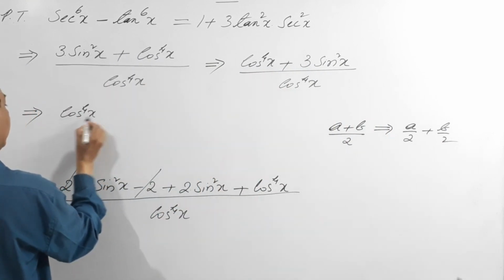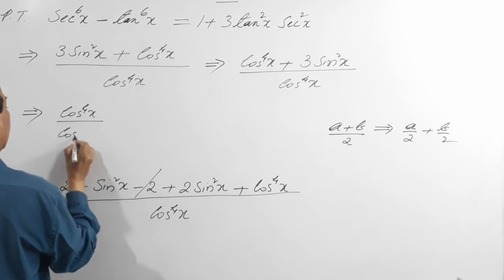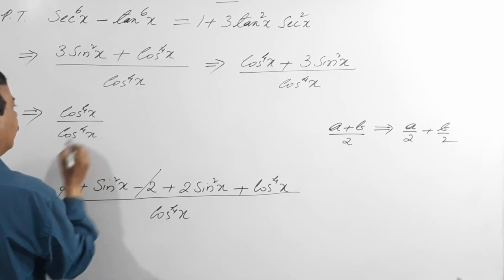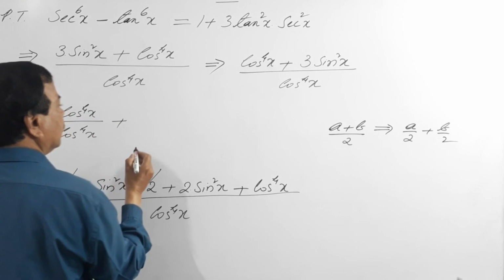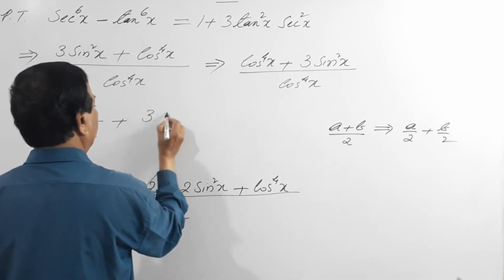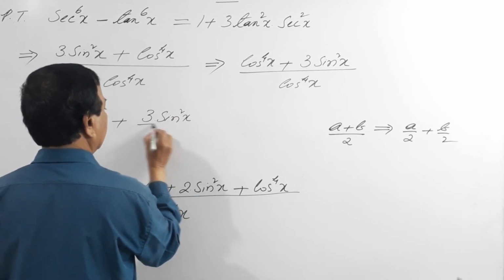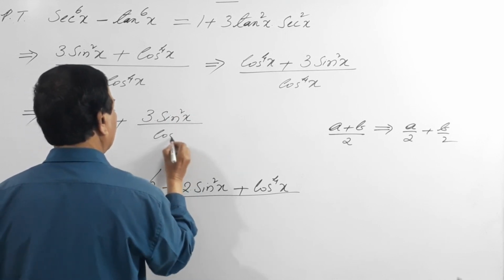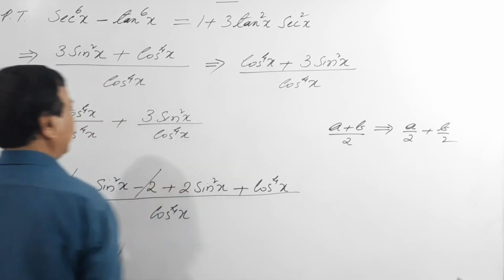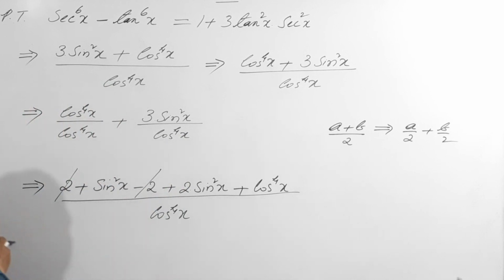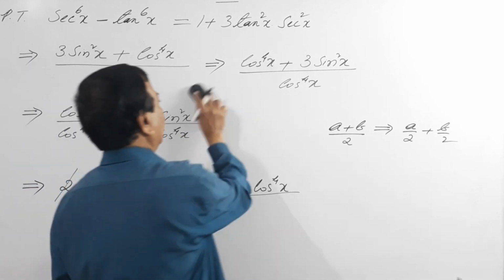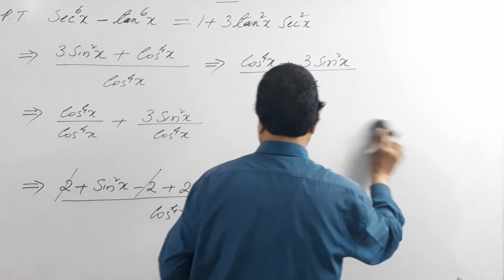Cos to the power of 4x by cos to the power of 4x plus 3 sin square x by cos to the power of 4x. I rub this.